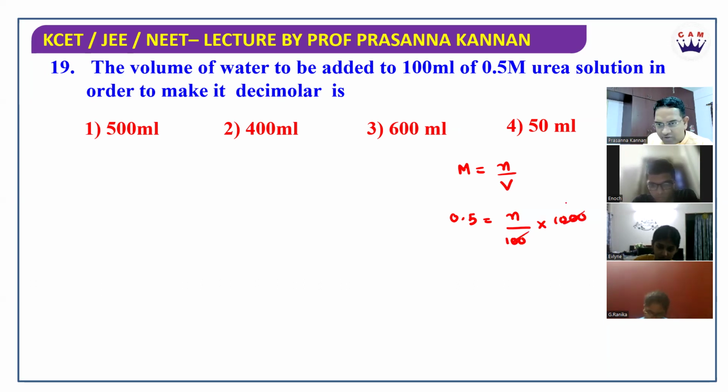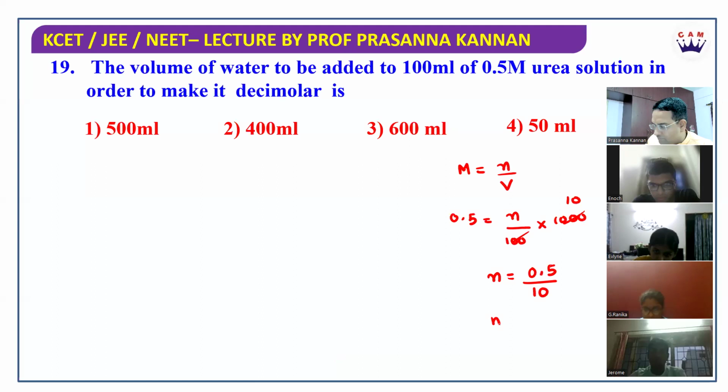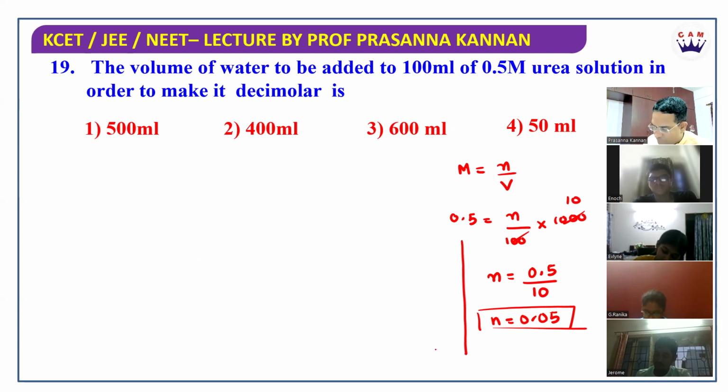So which means I know the number of moles. What is the number of moles? Is it clear to you? I got the number of moles. Now, new molarity, number of moles, that means some grams of the solute, that won't change, right?